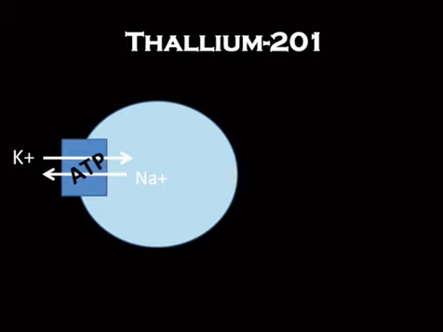Thallium is 73 hours. It's a low energy, and that makes it unique. Pretty much everything else that you care about in nuclear medicine has either medium or high energy. Thallium has a low energy. And the characteristic X-rays are actually from a daughter product, which is mercury-201.